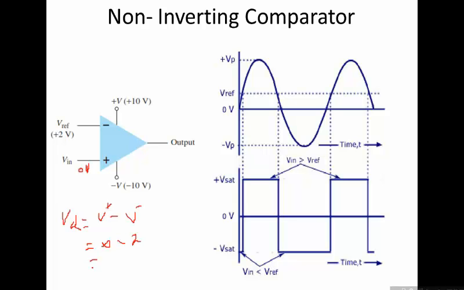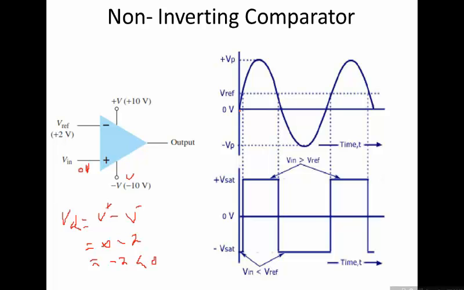So the result would be minus 2 volts, which is less than 0 volts. Whenever the voltage VD is less than 0 volts, the output would go into negative saturation. So the output would be at minus Vsat at this point when Vin is 0 volts.